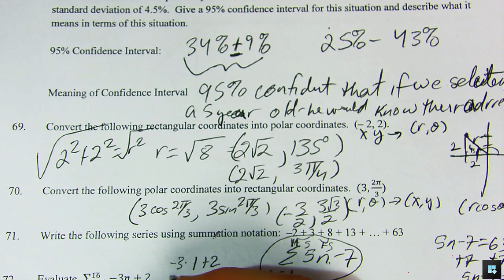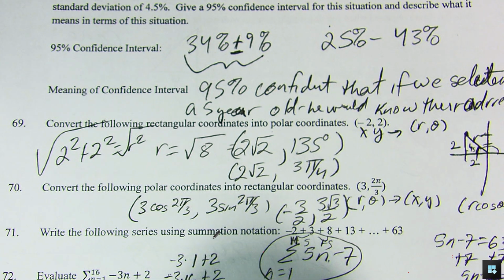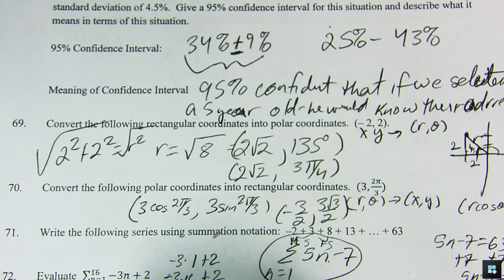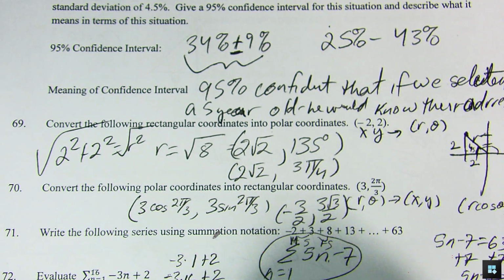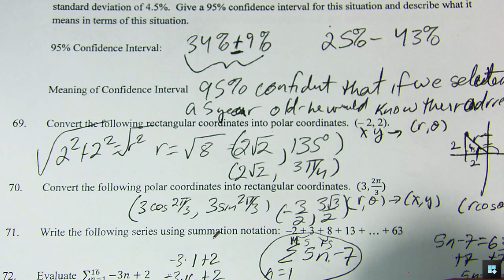Negative 3 times 16, negative 48 plus 2 is a negative 46. So negative 1 plus negative 46 is a negative 47. 16 divided by 2 is 8. 8 times negative 47, negative 376.